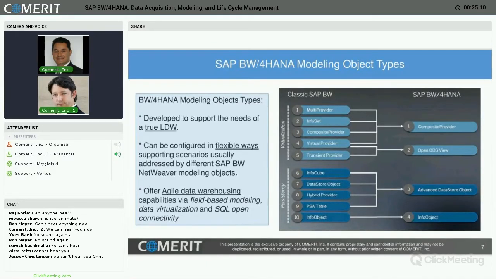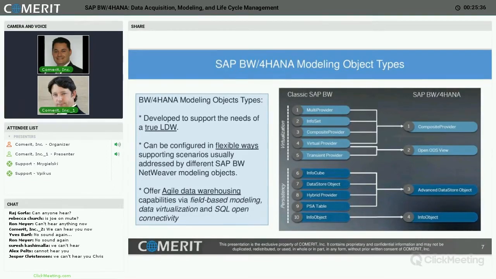Now, BW/4HANA is a completely new application. SAP does not need to consider, let's say, older developments. So one of the things is that it can combine all those features that are on different object types into just one. MultiProviders, InfoSets, composite providers, virtual providers. Each of them, one can do a join, one can do a union.